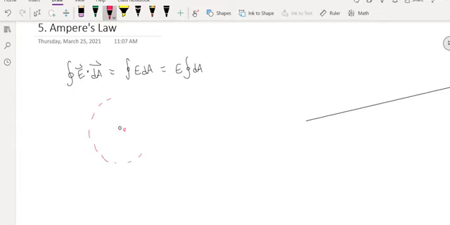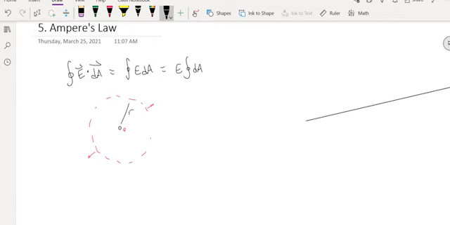My Gaussian surface is a sphere that's concentric with this point charge, where the point charge is at the center. All our little dA vectors point outward everywhere, and we know that the electric field points outward everywhere.